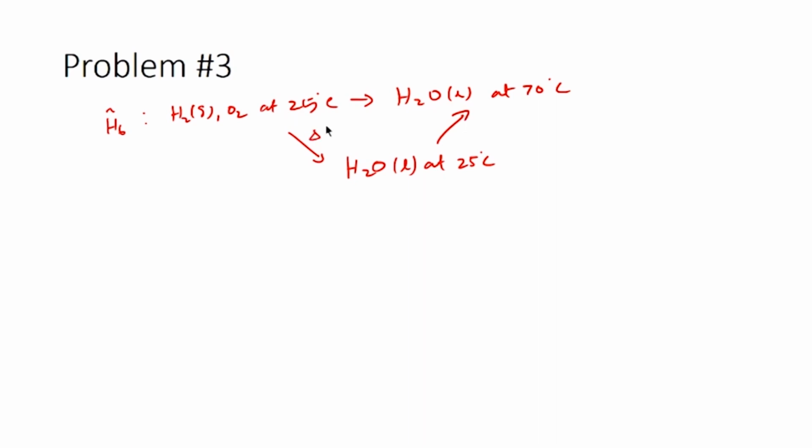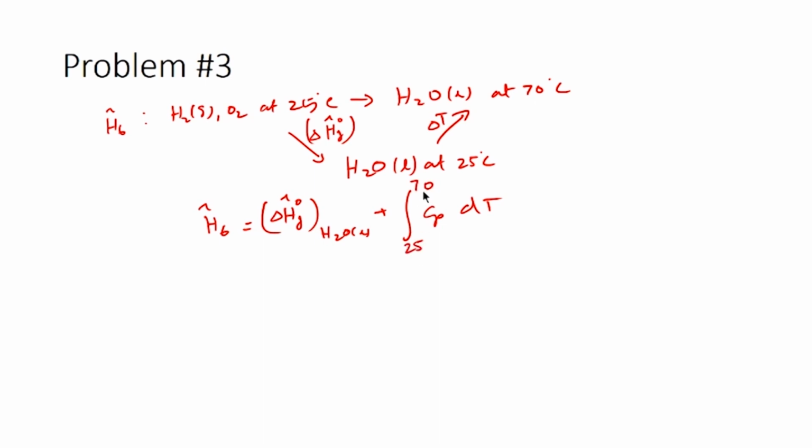So, the first step is just heat of formation, standard heat of formation for water liquid, and the second step is delta T, which will be integral Cp dt. So, your H6 cap would be equal to the standard heat of formation for water liquid plus integral Cp of water liquid dt, and the temperature is from 25 to 70.